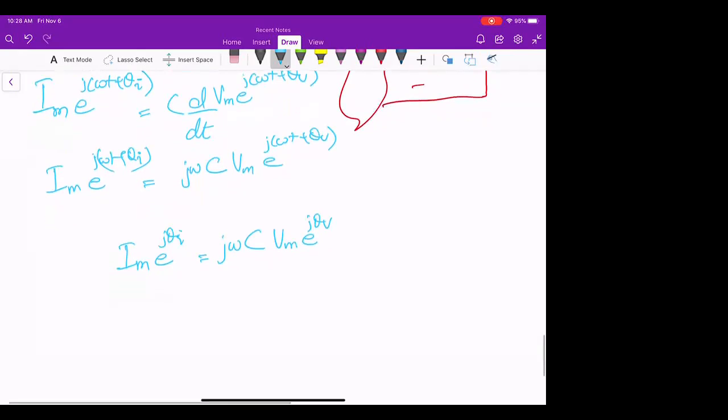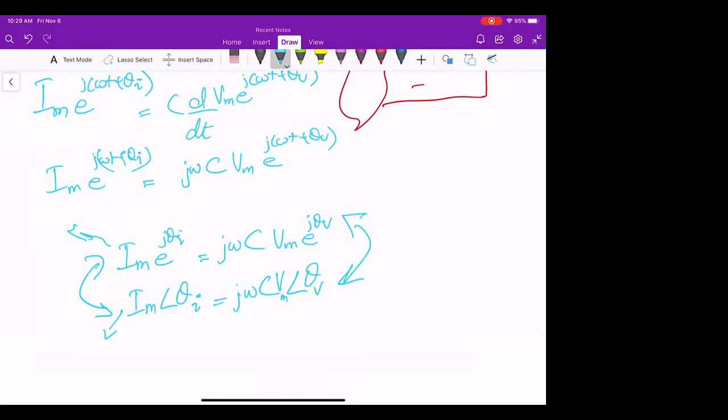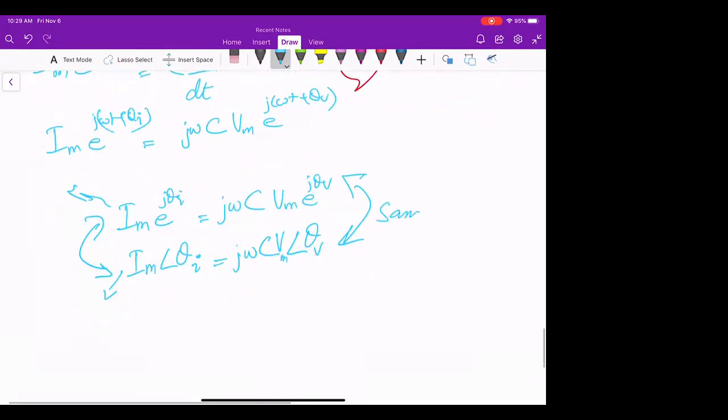Now you can see that I can also write this in this form. They are both the same thing, phasor forms. This one is a little bit elaborated, and this one is just dealing with the angle in simple polar form. So they are both the same.